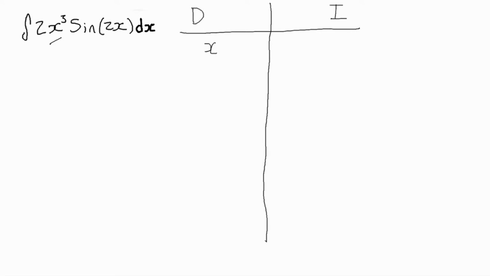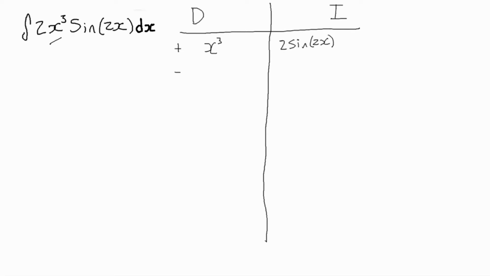So we're going to put x cubed on this side and the rest, 2 sine of 2x, on this side. And we'll put a plus since the deriving side alternates signs. So on the second line, it will flip to a negative sign.